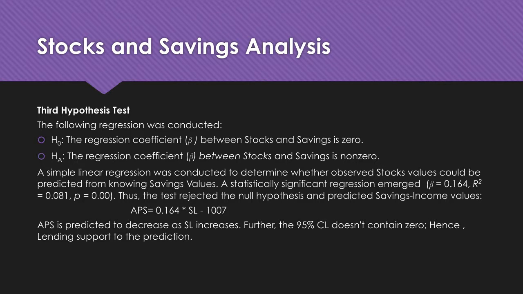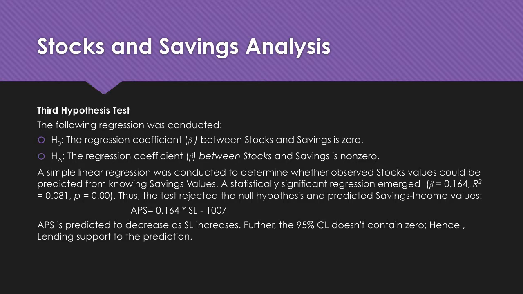Based on the data inputted in the software and the results generated, a statistically significant regression emerged. Beta here is equal to 0.164. Beta again was the regression coefficient, r squared, the coefficient of correlation squared, is equal to 0.081, and p is equal to 0. Thus we have rejected the null hypothesis and concluded we could predict stocks from the savings.